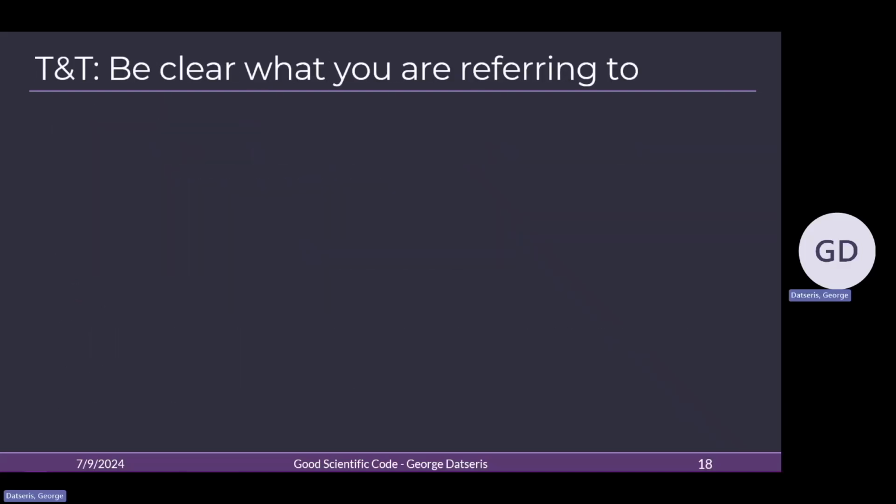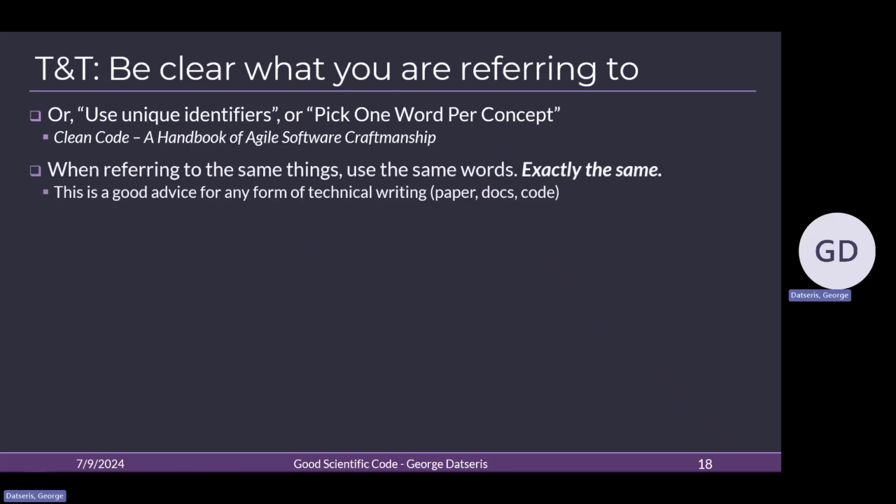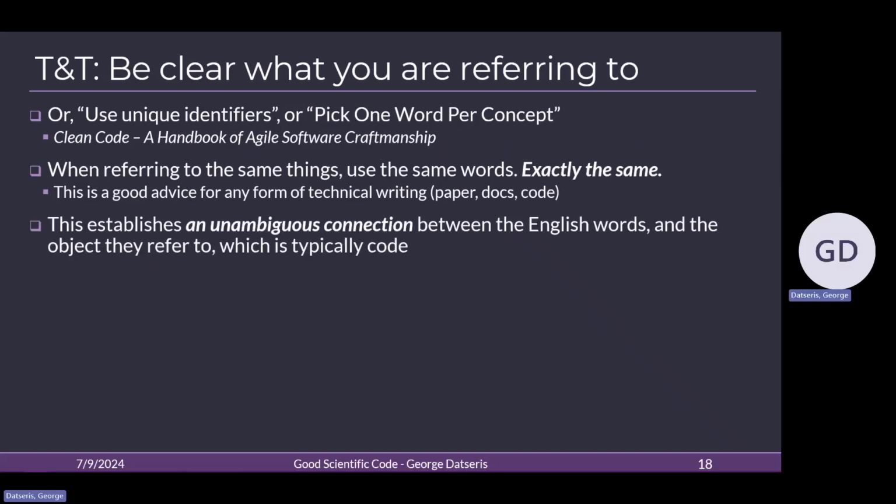Now, a tip and trick. When you write docstrings or documentation or really anything, be clear what you are referring to. This is also a concept known as pick one word per concept. This means that if you're referring to the same thing, you should use exactly the same word. This is good advice for all forms of technical writing, because this establishes an unambiguous connection between the word that you use, typically English, and the thing that you refer to, which is typically code.